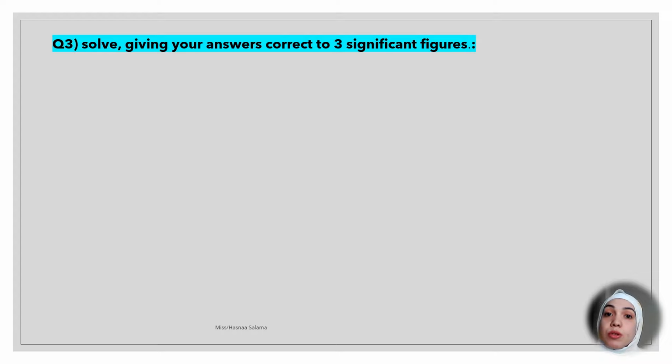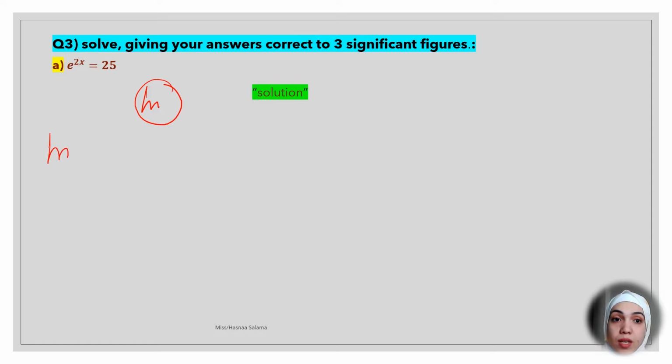Solve, giving your answer correct to 3 significant figures. Here, e power 2x equal 25. I don't have a ln here, and the ln and e are not present, so I will write a natural logarithm on both sides. So ln e power 2x equal ln 25.